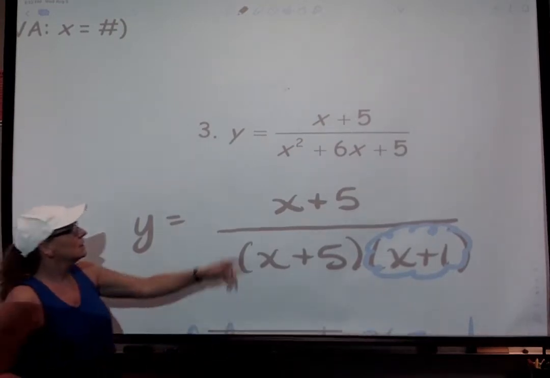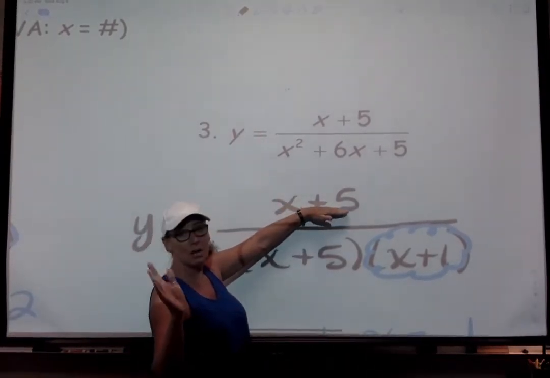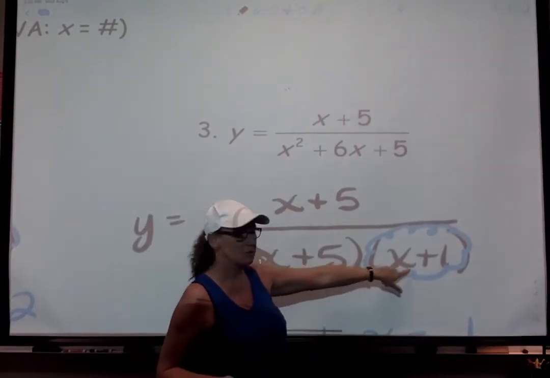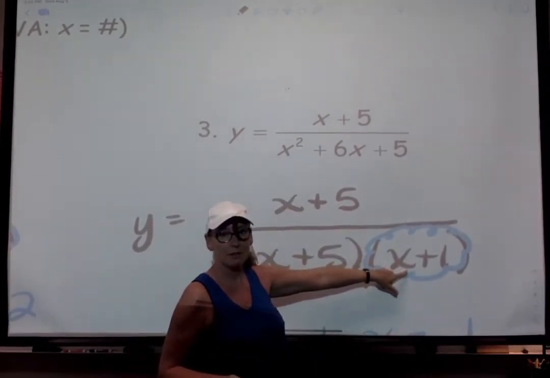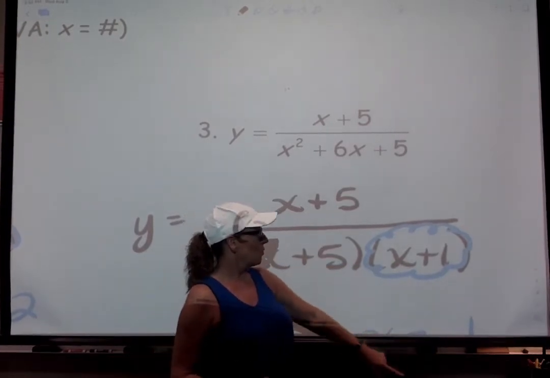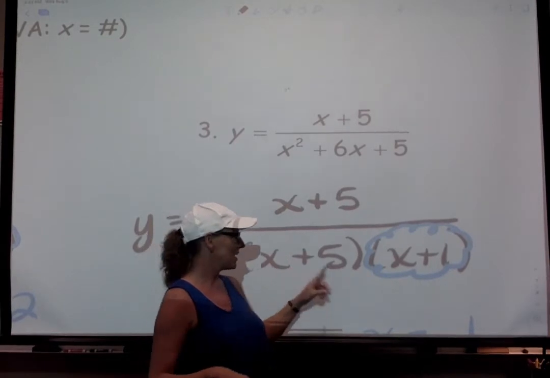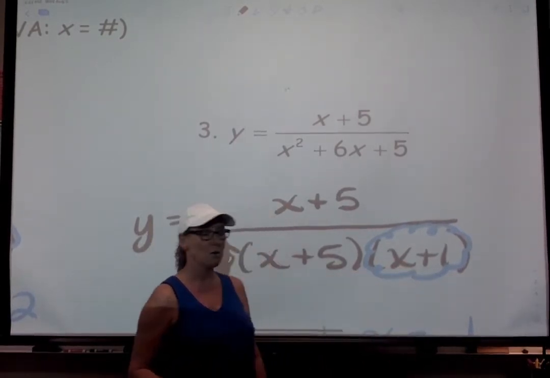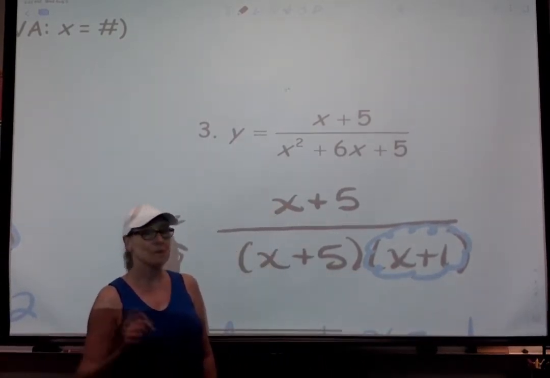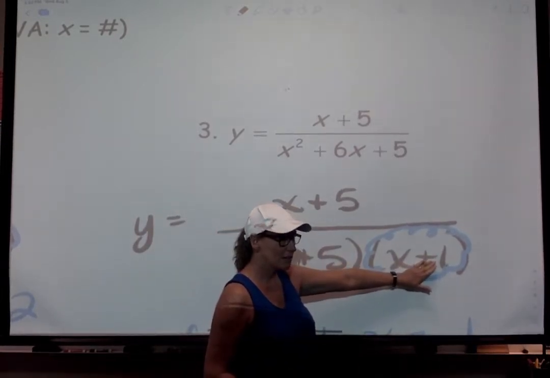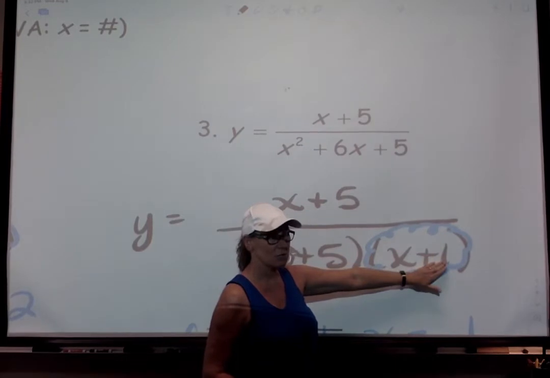Last one. The top is a prime linear factor. I couldn't factor it anymore. The bottom one could totally be factored, so I did. What's the domain? You're going to tell me, well, x can't be negative 5 and x can't be negative 1. Why not? Because when x is negative 1, there's a vertical asymptote.